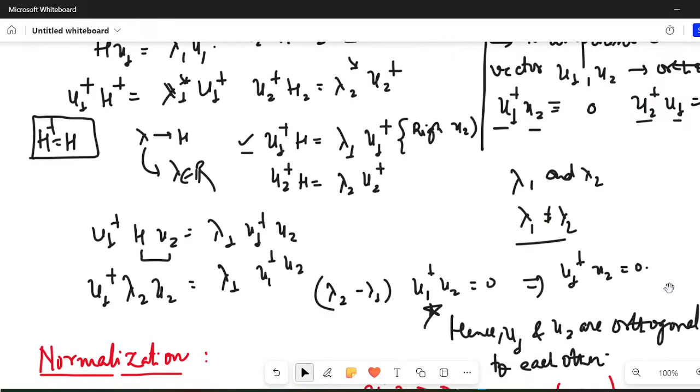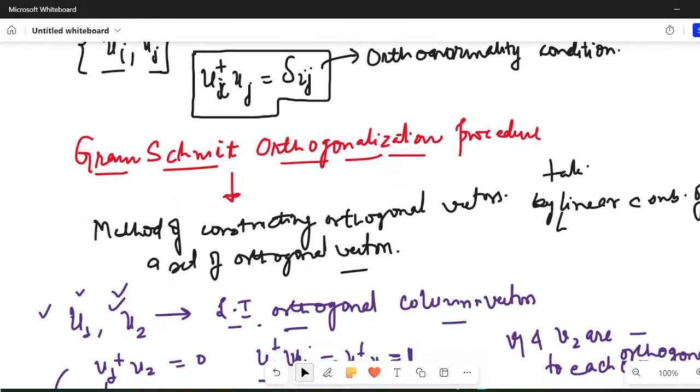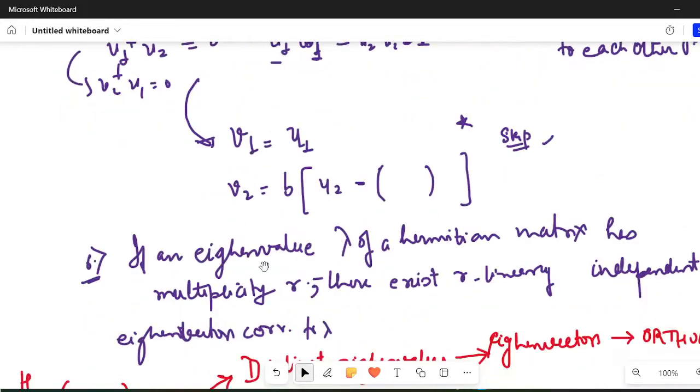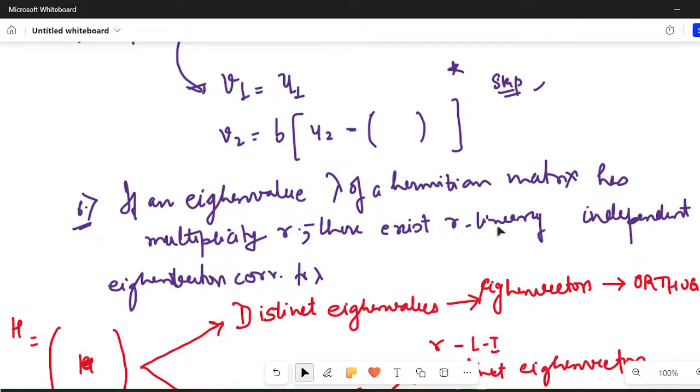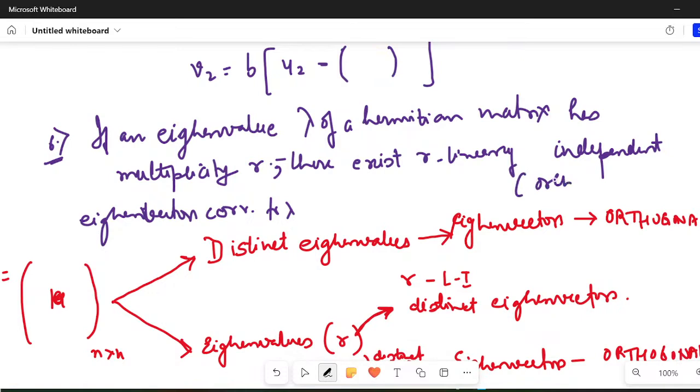Further, if an eigenvalue lambda of a Hermitian matrix has multiplicity r, then there also exist r linearly independent eigenvectors. In fact, these independent eigenvectors would be orthonormal to each other as well. So I also write that there are n linearly independent orthonormal eigenvectors. Okay. So what did I write?